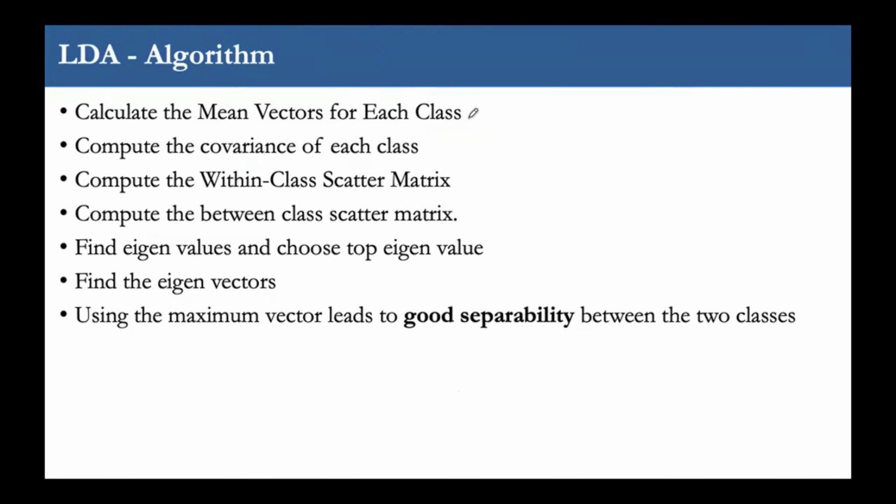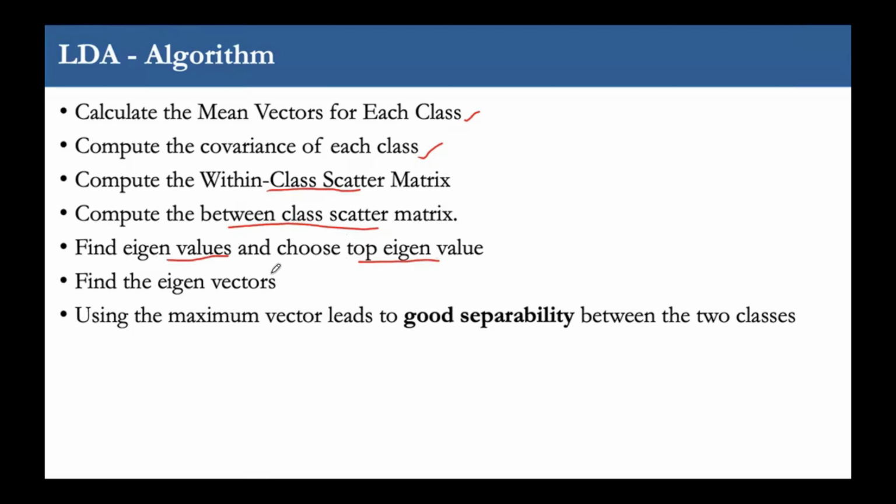Now we'll look into the LDA algorithm. The first step is to calculate the mean vectors for each class. The second step is to compute the variance of each class. The third is to compute the within class scatter matrix. The fourth is to compute the between class scatter matrix. The fifth step is to find eigenvalues and choose the top eigenvalue.